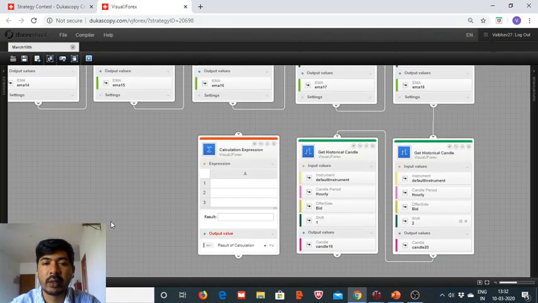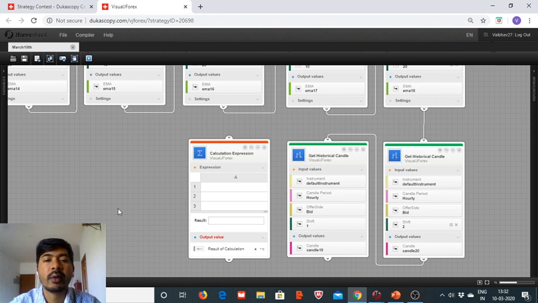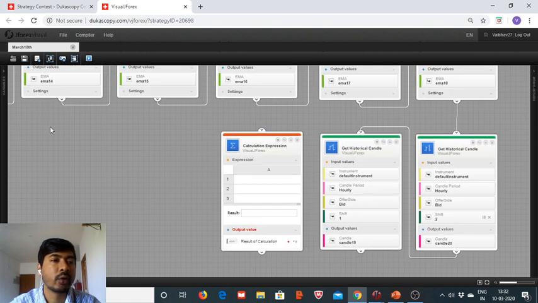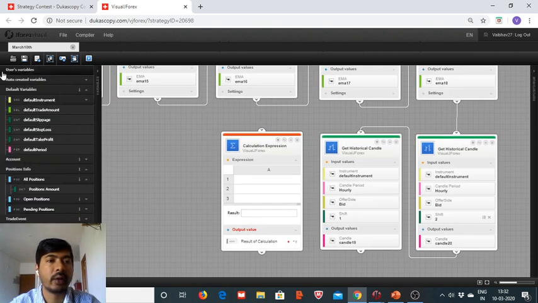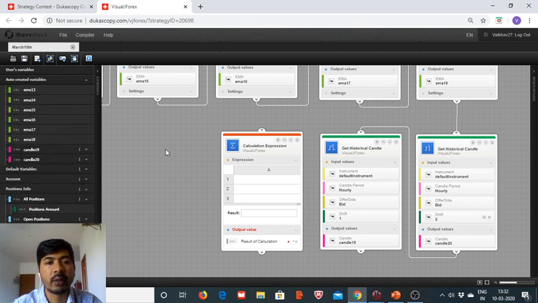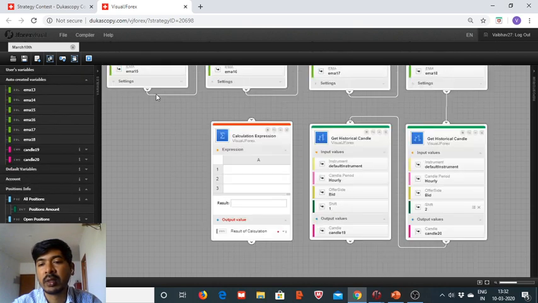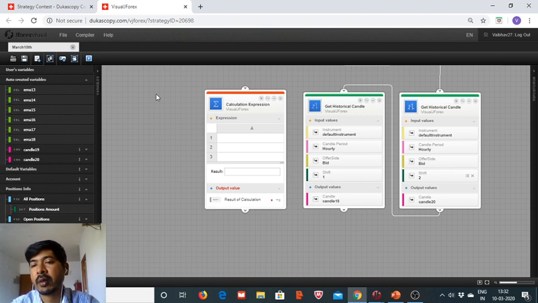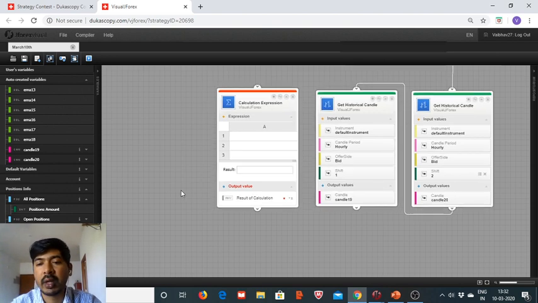So we bring in the last candle close value, and from that we will need to subtract the default auto-created variables, and let me see the shift 1, the candle 19th close.